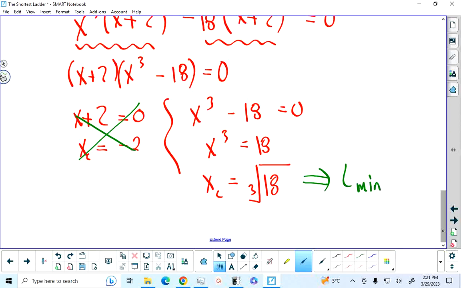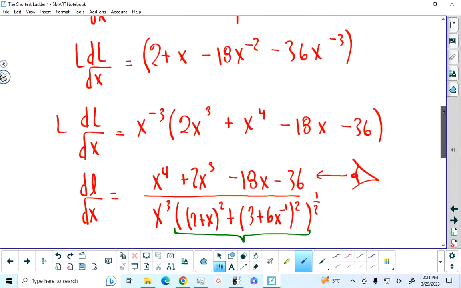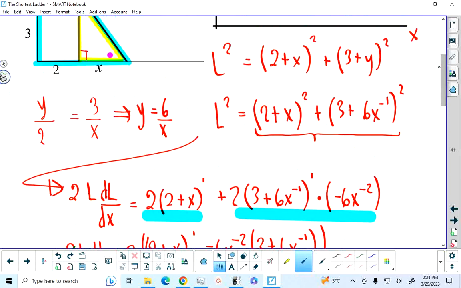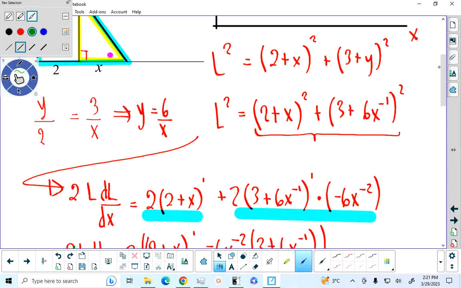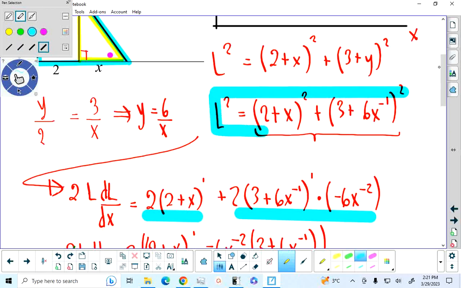And if we want to find the minimum length of the ladder, we can go back up here to our formula for the length of the ladder. Put in the cube root of 18 for x, and run it through the calculator.